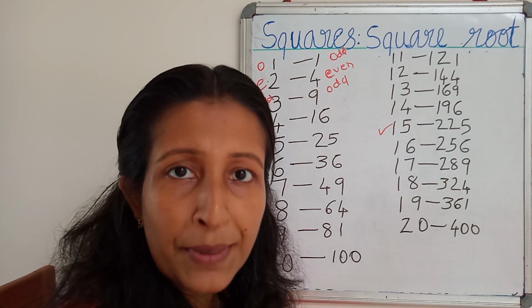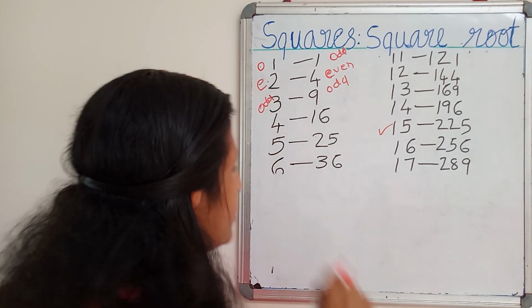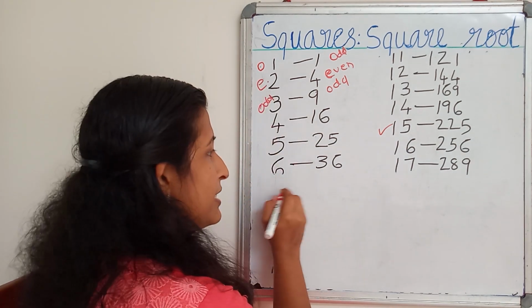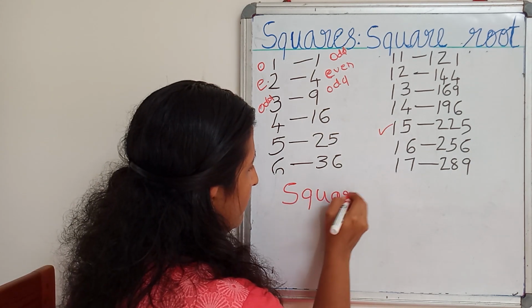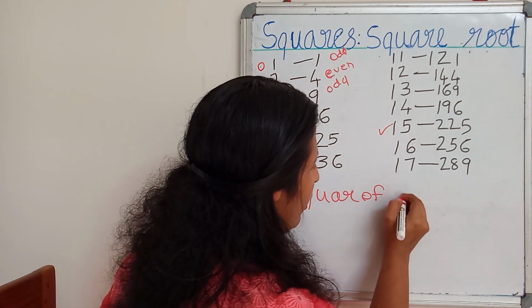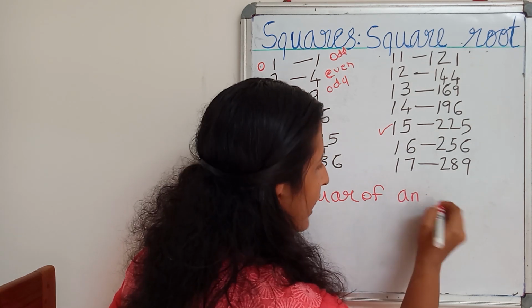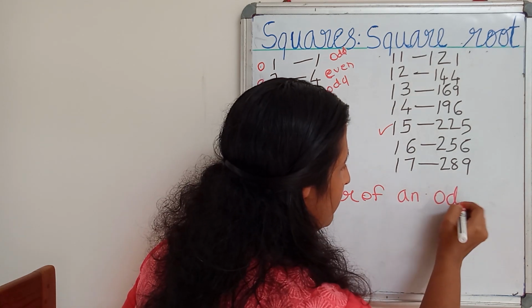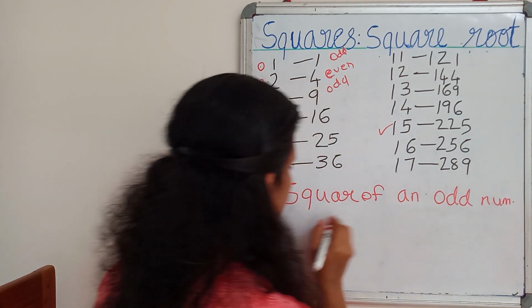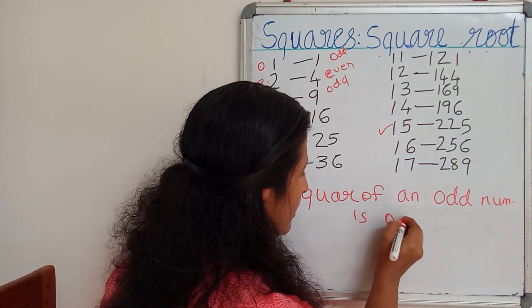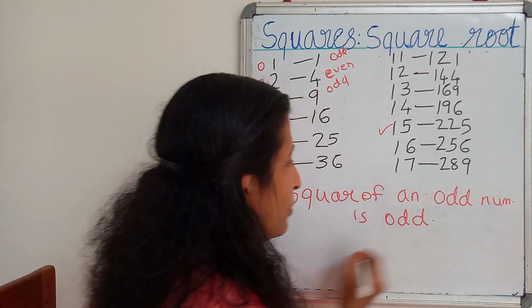That means the property says that square of an even number is even, square of an odd number is odd. It's very easy to learn by heart.